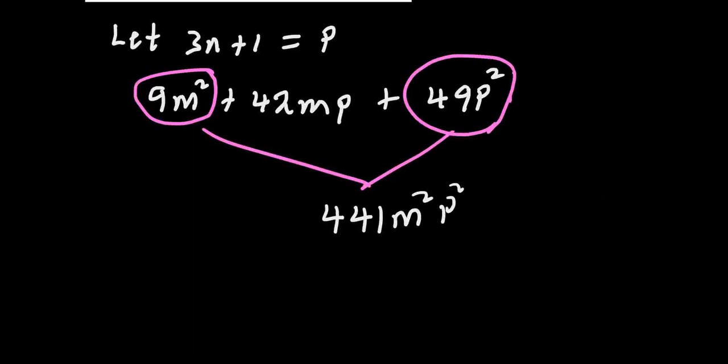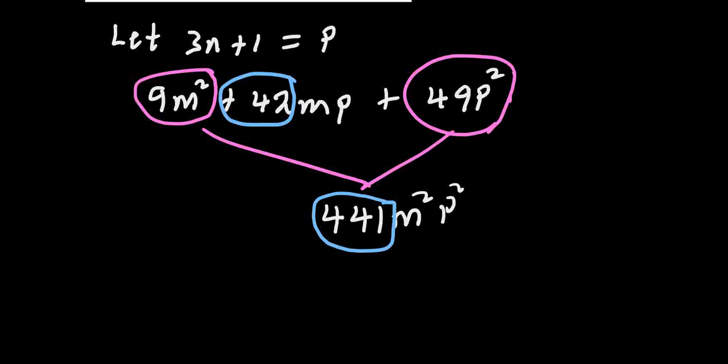So at this point, we are going to find two factors of 441 such that if we add them together, we should have 42. So we need two factors of 441 such that their sum is plus 42.